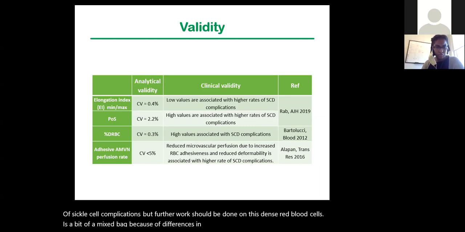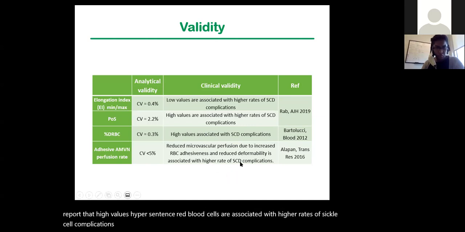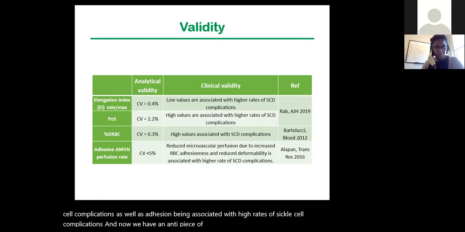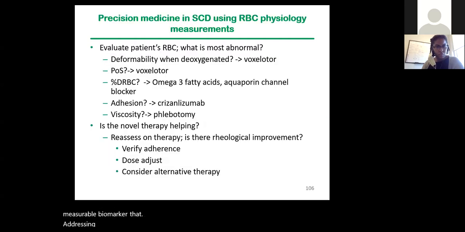But in general, most groups report that high values, high percent dense red blood cells are associated with higher rates of sickle cell complications, as well as adhesion being associated with higher rates of sickle cell complications. Now we have an anti-adhesive drug, crizanlizumab, which was shown in a phase 3 trial to reduce pain events. So that's quite good confirmation that adhesion is a measurable biomarker that addressing reduces complications.